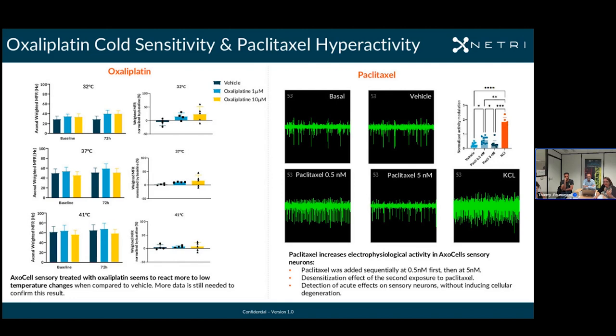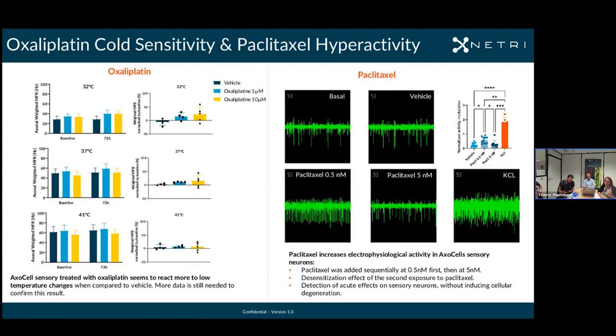But when we added paclitaxel at 0.5 nanomolar, we saw a significant increase in the axonal activity. In this experiment, we treated sequentially, and the higher dose of paclitaxel at 5 nanomolar didn't increase the activity.